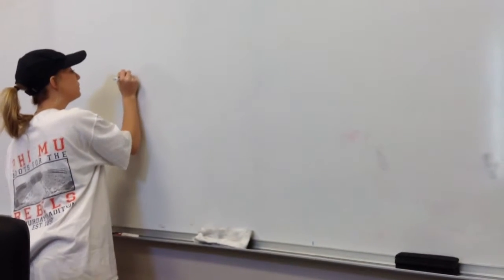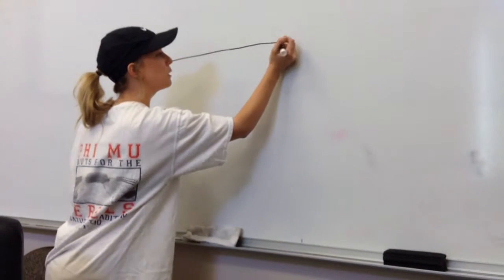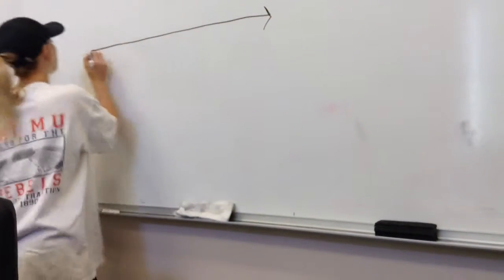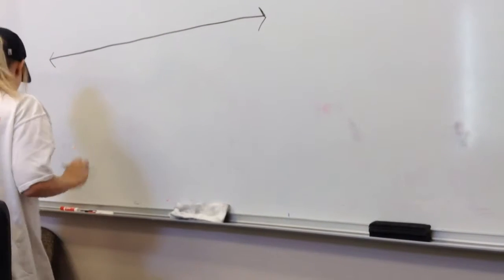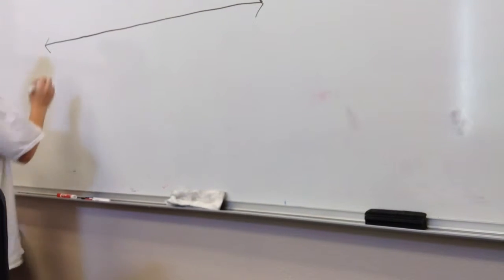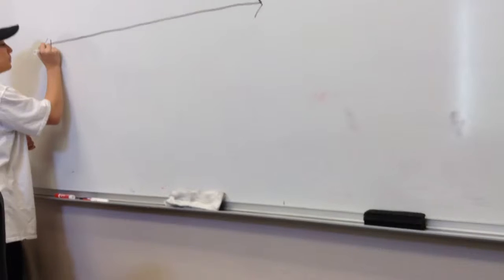We have to remember our numbers that we're working with to know how many units long our line graph needs to be. So we're going to begin with 0.